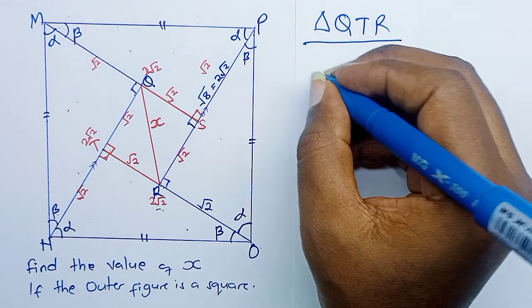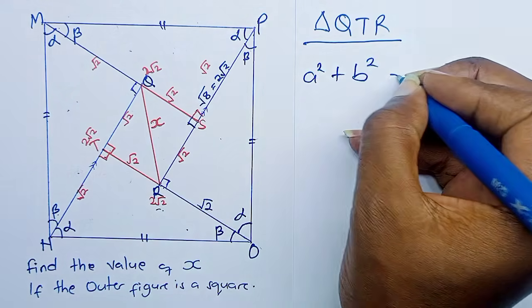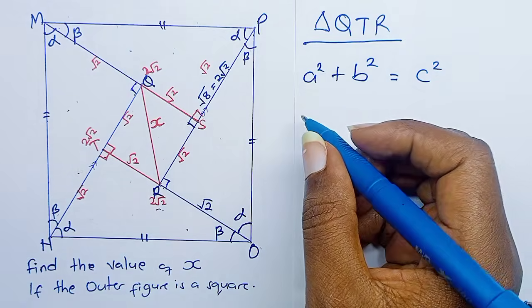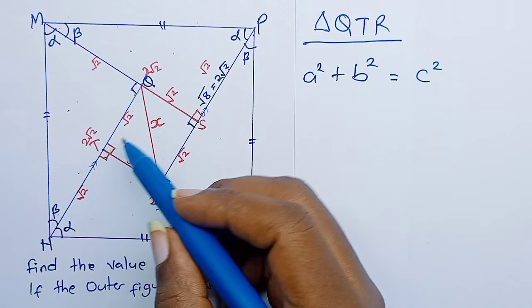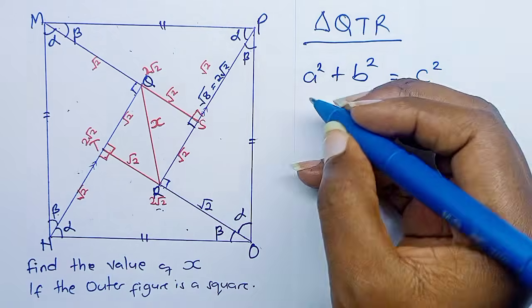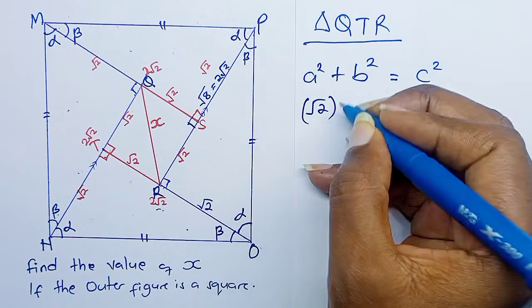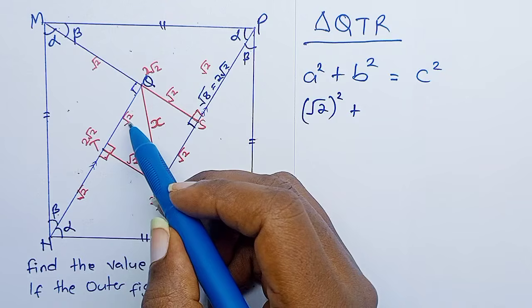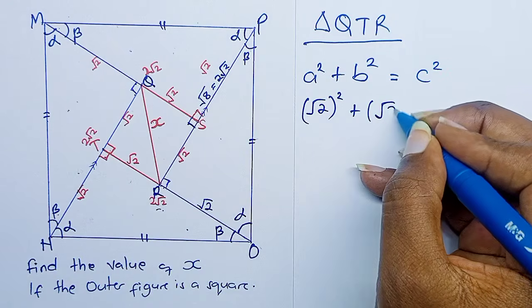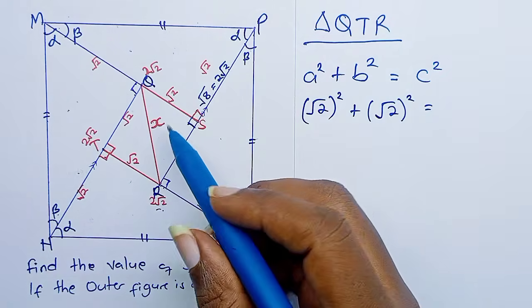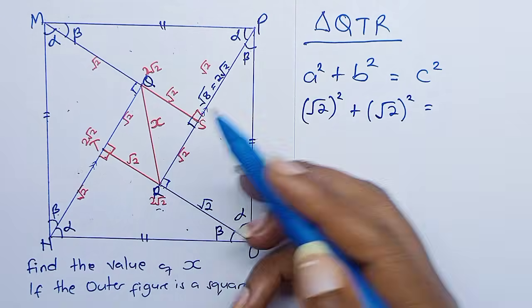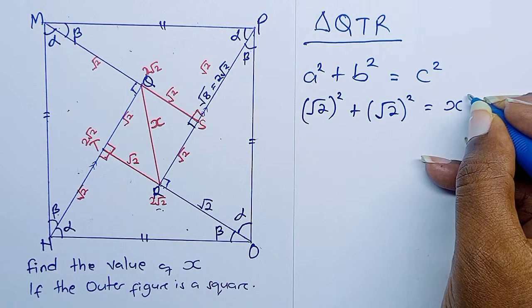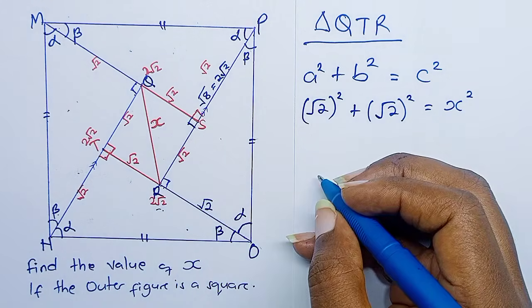A squared plus B squared is equal to C squared. Our A is TR, which is root 2, squared, plus our B is QT, which is also root 2, squared, is equal to our C, the hypotenuse QR, which is X, so X squared.